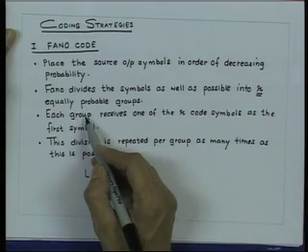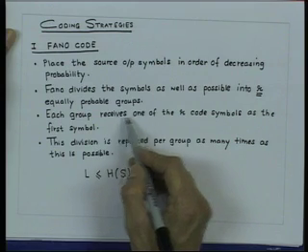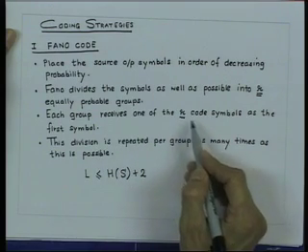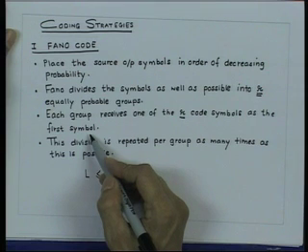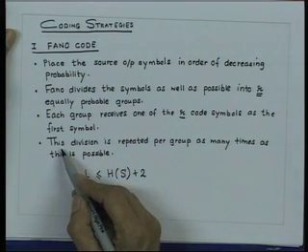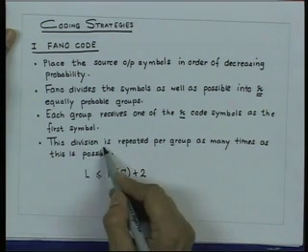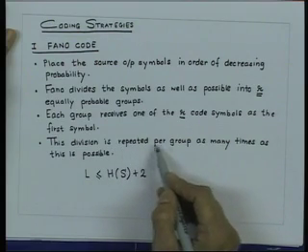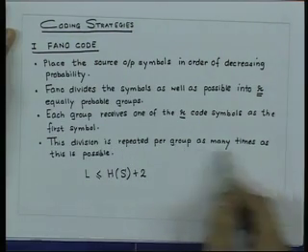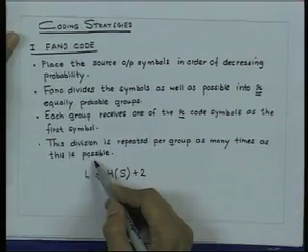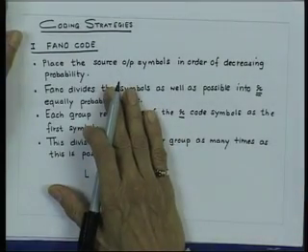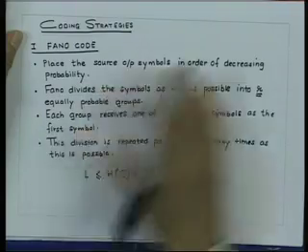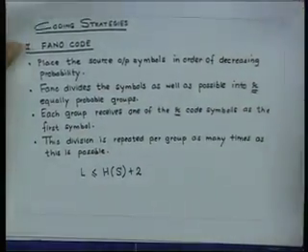Now, each group receives one of the r code symbols as the first symbol, and the final step is that this division is repeated per group as many times as is possible. Let us try to use this strategy and understand it with the help of an example.